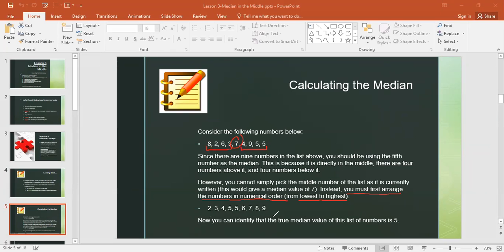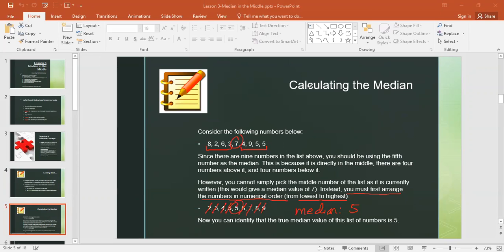If you have a short enough list, you can also just cross off from each end: 1, 1, 2, 2, 3, 3, 4, 4, and you're left with that number right there in the middle. So we can identify that our true median in this case is 5. So our median value is a 5 here, okay?